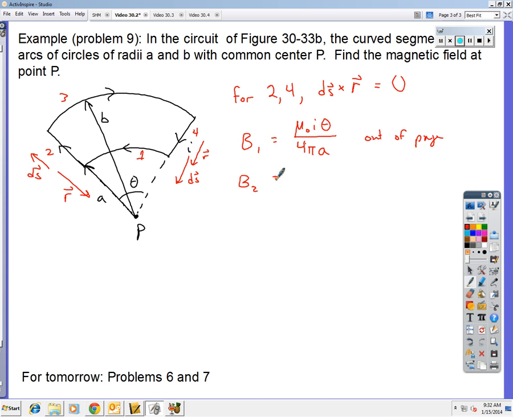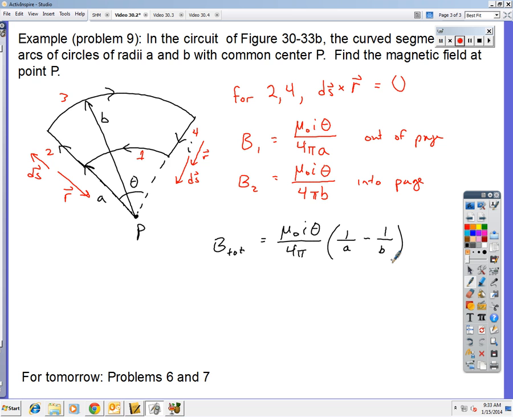The field due to arc 3 is again mu naught I theta over 4 pi, but this time the radius is B. And that field, excuse me, points into the page. If we add that all up, we find that the total magnetic field is mu naught I theta over 4 pi, 1 over A minus 1 over B, and that points out of the page. And you can simplify that a little bit further if you want, but that's the answer.